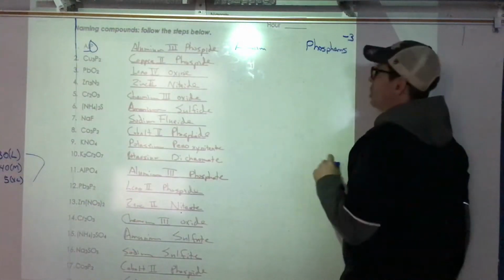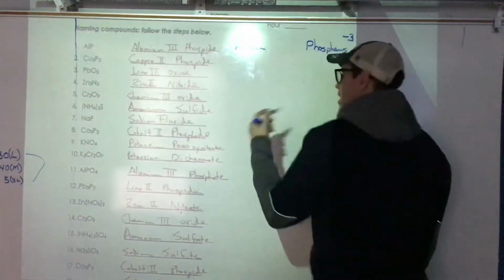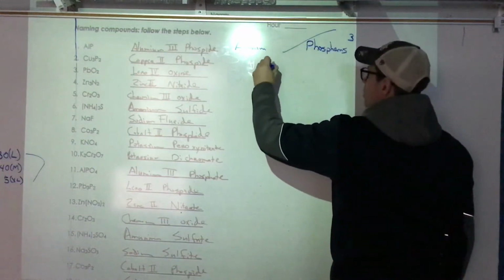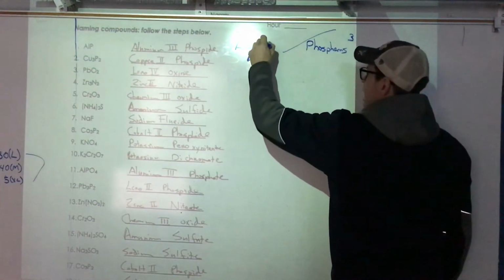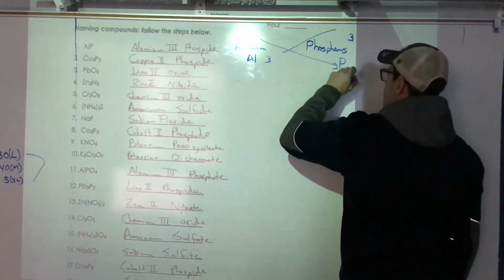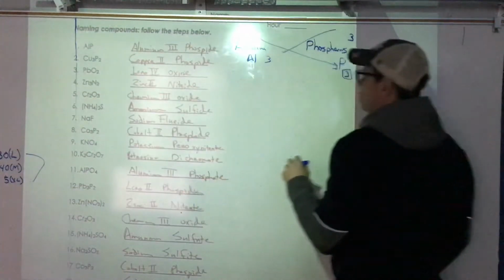So we ask ourselves, when we looked at this formula, why is there no 3 down here below? Because we're experts on crisscrossing, right? If we drop the charge, the 3 should have been over here with the Al. And why is it with the P over here, there's not a 3 as well? Which tells us this must have been reduced.